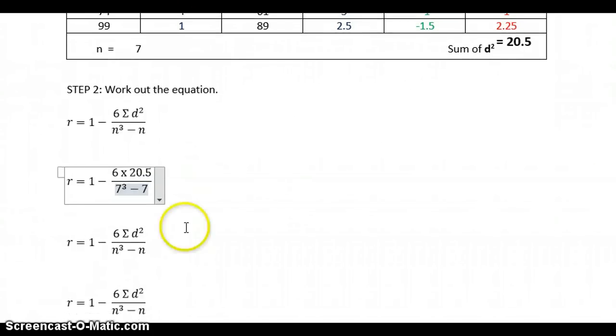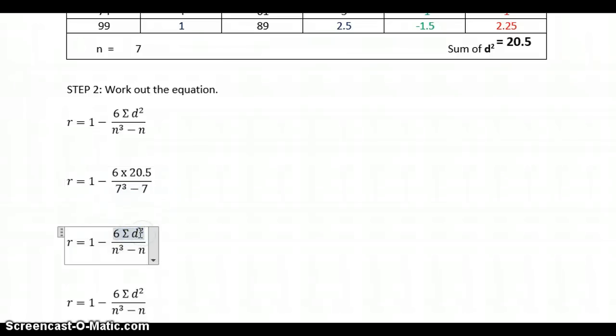Okay, so the next part of our equation. 6 times 20.5 is 123. And n cubed minus n, so 7 cubed is 343 minus 7. 343 minus 7 is 336.